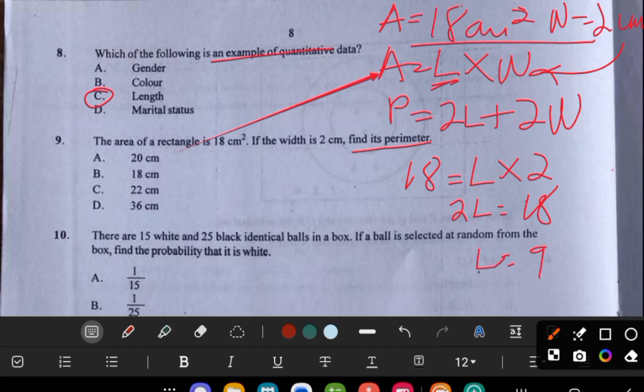So now that we have our length to be 9, we can now substitute into this formula. If you're a student who was just focusing on the perimeter, I just want to find a perimeter, but you don't know the length, you don't want it. So try to break everything down. So our perimeter now is equal to 2 multiplied by L. Our L is 9.